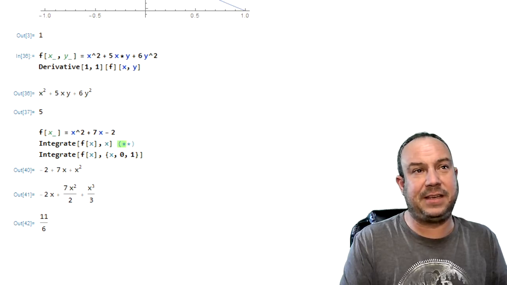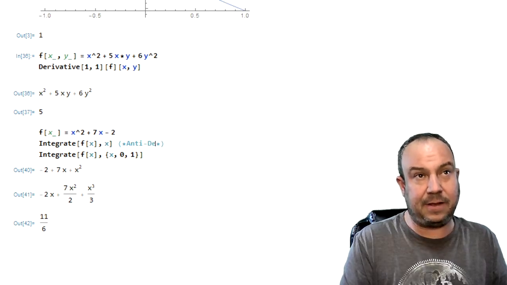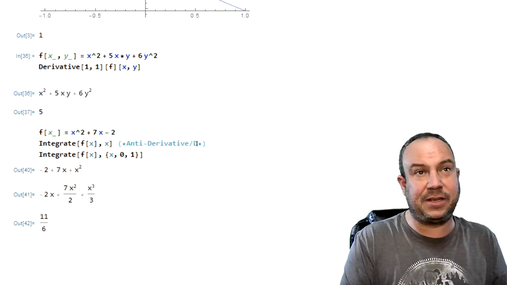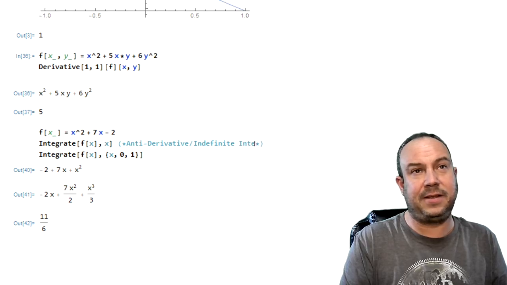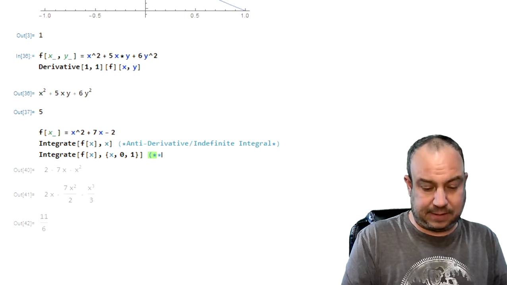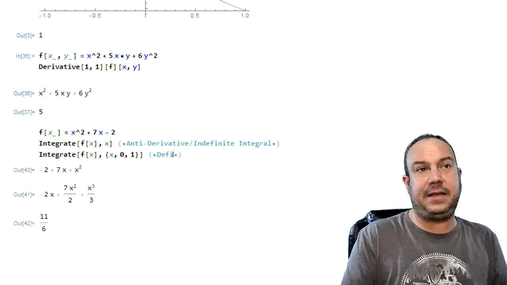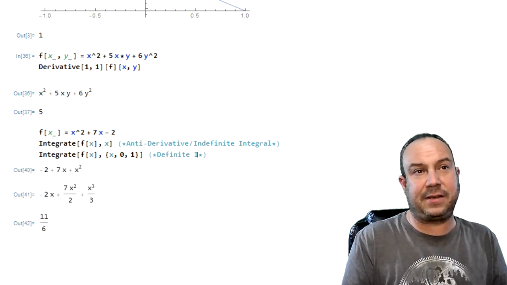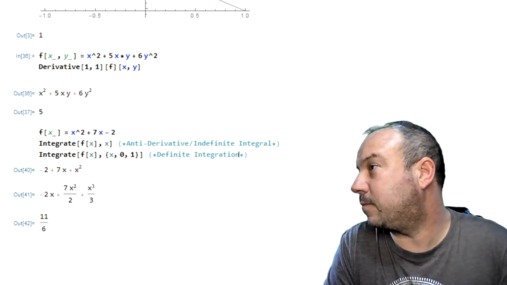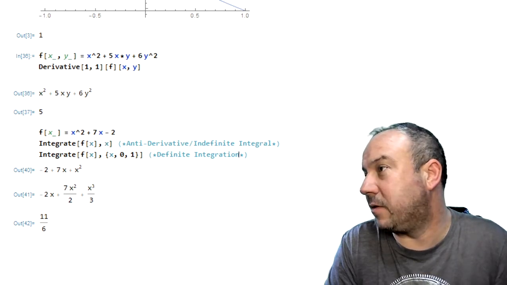That is the antiderivative slash indefinite integral. Whereas this down here is the definite integration happening. Right, that is definite integration down there.